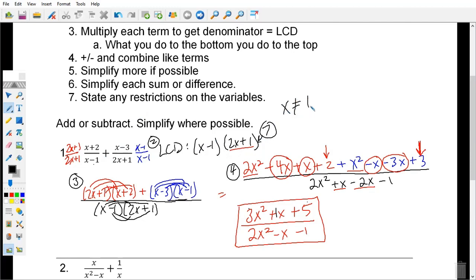X cannot equal 1, and X cannot equal negative what? -1/2, because I would have to subtract the 1 and then do what? Divide the 2, because the goal is to get X by itself. So again, these are coming from the fact that I would have X minus 1 equals 0 and 2X plus 1 equals 0.